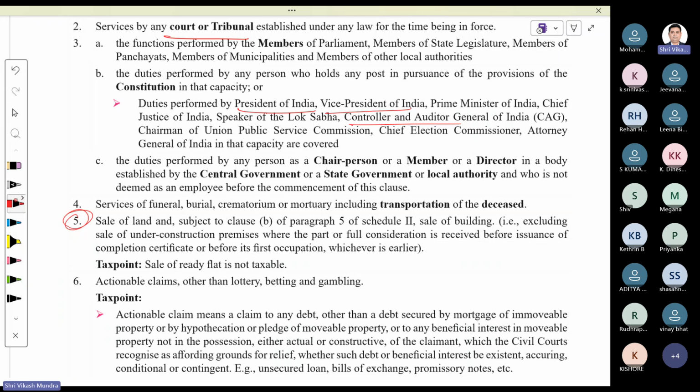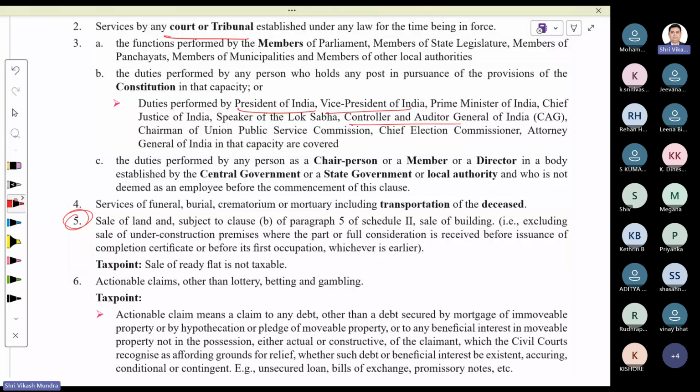What do you mean by goods? Land is not goods. Even though I am engaged in the business of land, land is not considered goods. Why not? Goods means anything which you bring in the market for sale, for supply. We do not bring land to the market.